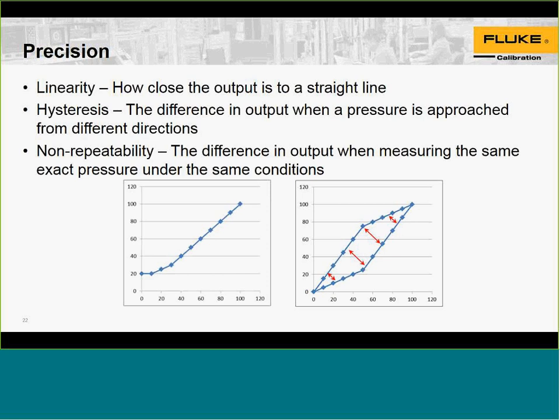Hysteresis is the error from an influence that is dependent on the mechanical memory of the sensor. So we're going to just plot it here. The pressure curve is on the bottom, and when I hit full scale at 100, if I start coming back down in pressure, the descent is riding above the ascending curve.